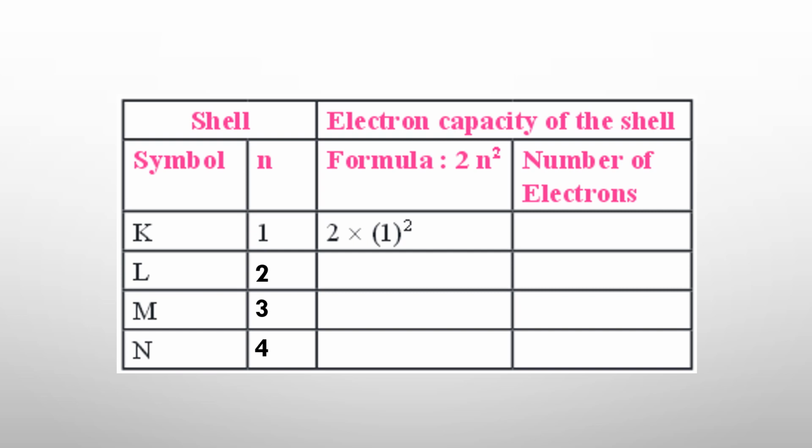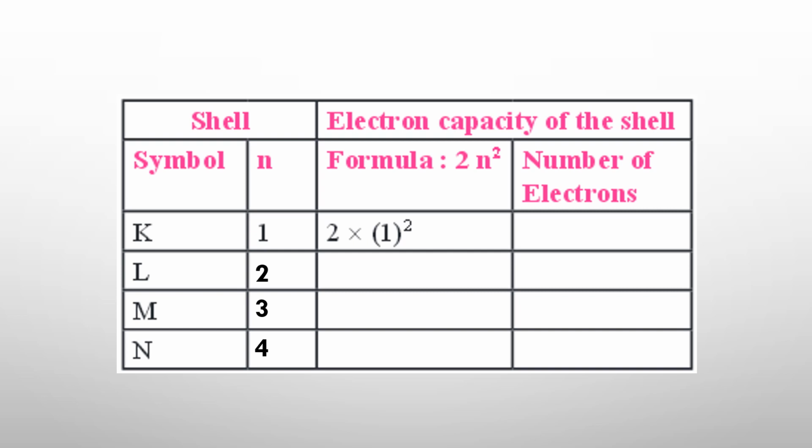Now one thing you need to understand is that every shell can accommodate only a specific number of electrons. The first shell can accommodate fewer, and as you go away from the nucleus, as the shells increase in number, more and more electrons can be accommodated in the shell.